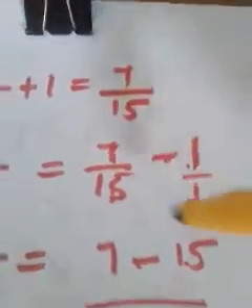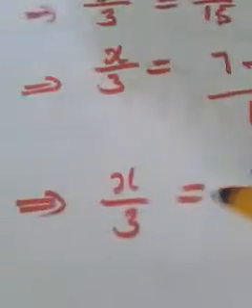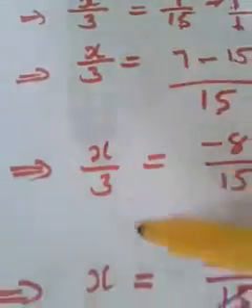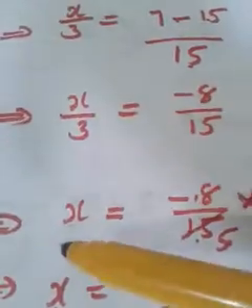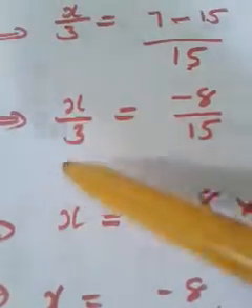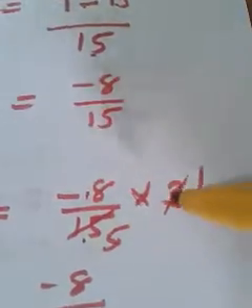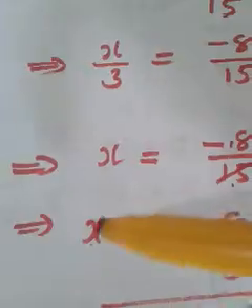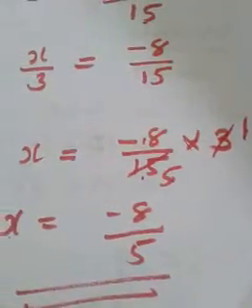Then you can give a denominator 1, cross multiply and reduce. So we reached minus 8 by 15. Then x by 3 is equal to minus 8 by 15. Then I maintained x on the left side and took the divide by 3 to the right side. It becomes multiplied by 3: minus 8 by 15 into 3. Then one cancellation is possible. In that way we got the value of x as minus 8 by 5.